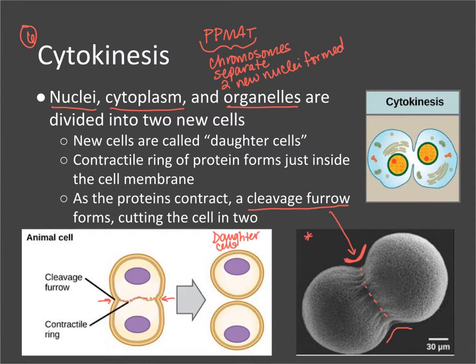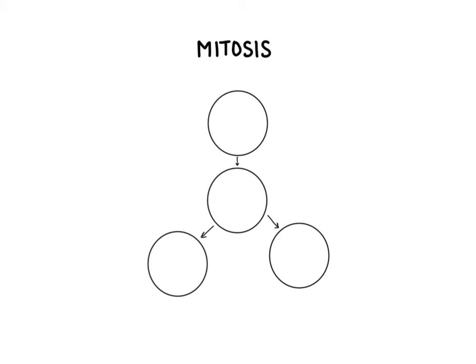I like to use this diagram to summarize what happens during mitosis. And in reality, this diagram also shows you what's happening during interphase as well. So this first circle represents a cell in interphase. And remember, in interphase in humans, the cell has 46 total chromosomes, which we can also say is 23 pairs of chromosomes.